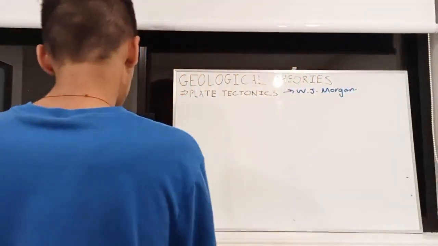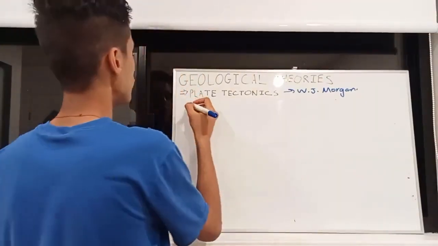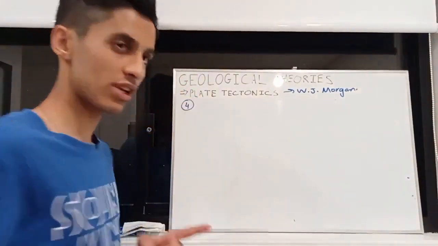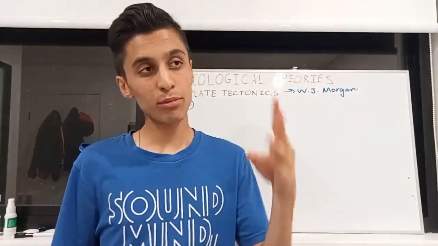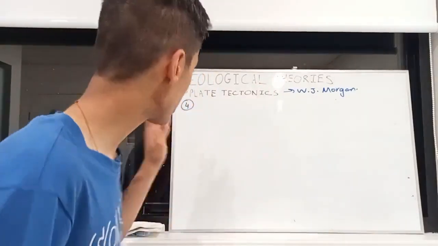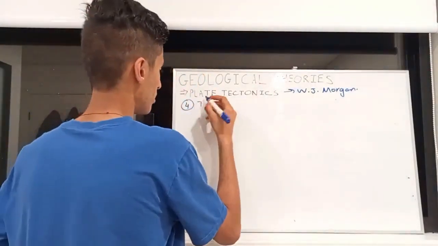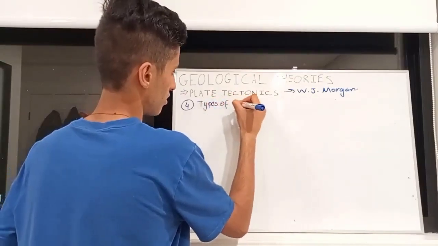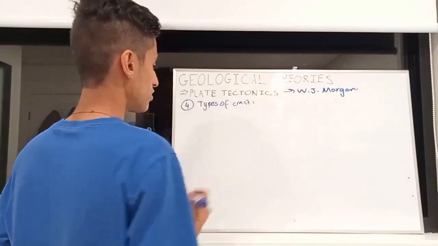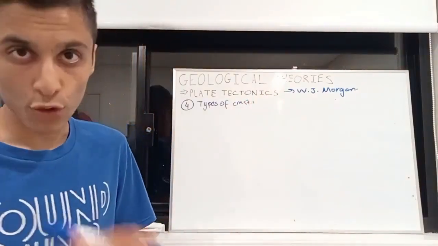This is our fourth point, because our first point was the formal definition of plate tectonics, then we looked at plate boundaries, then the layers of the Earth. Now we're looking at the types of crust. Your first type of crust is oceanic crust.